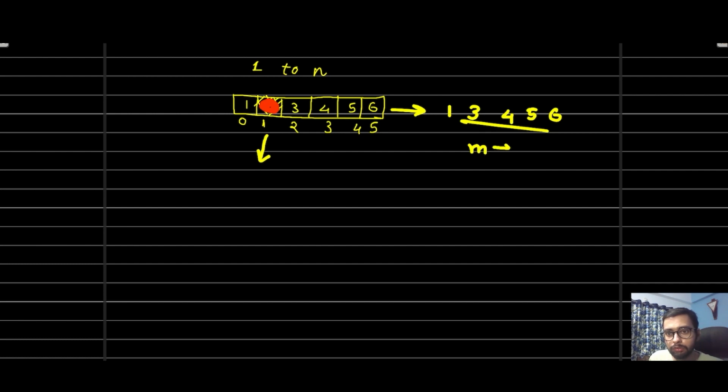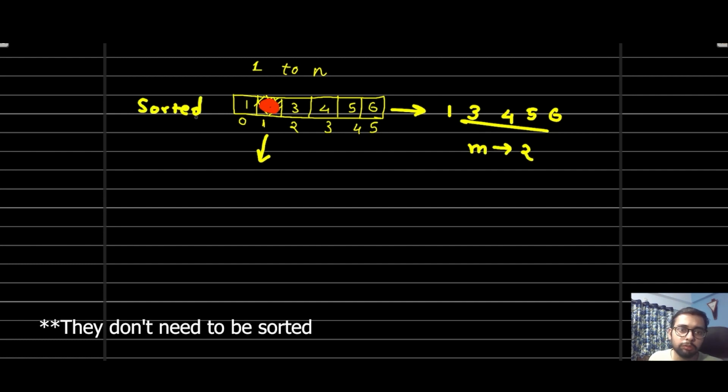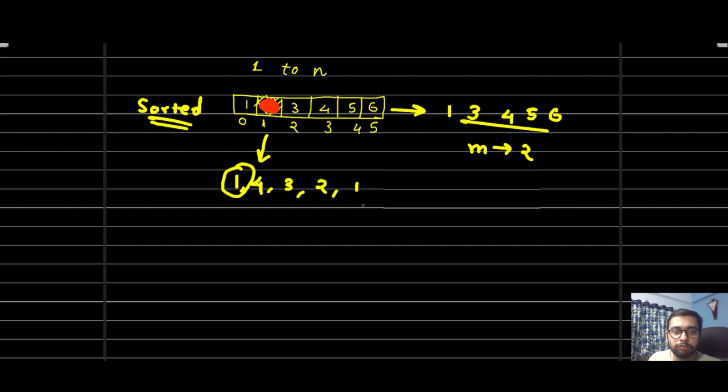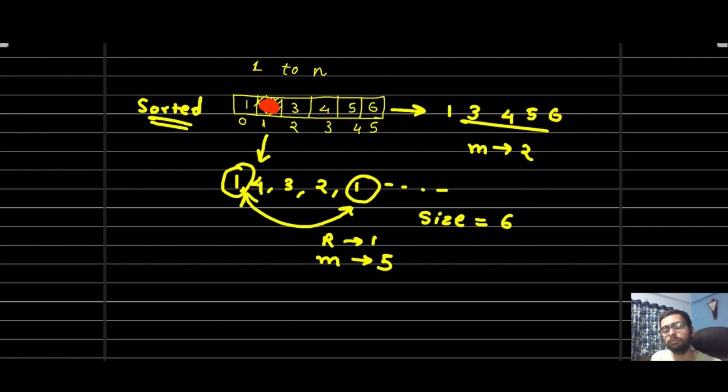So here the missing number is 2. But I'm considering this array to be sorted. What if the array is not sorted? Like 1, 4, 3, 2, 1. Then this 1 is repeating once, and for that the repeating number will be 1. When the size is 6, the missing element will be 5.